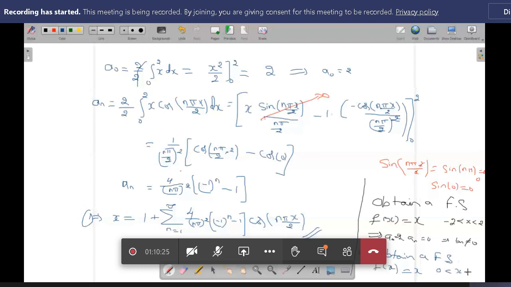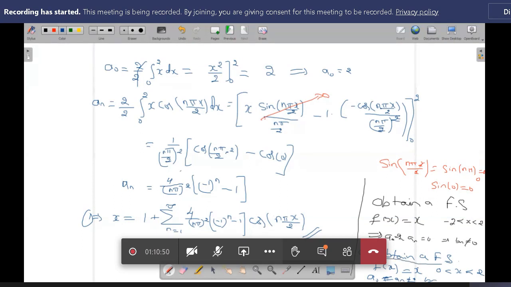Now what will you do in this interval? This function is neither even nor odd. So obviously you have to find a0 and an, so you have to obtain a0, an and bn also.